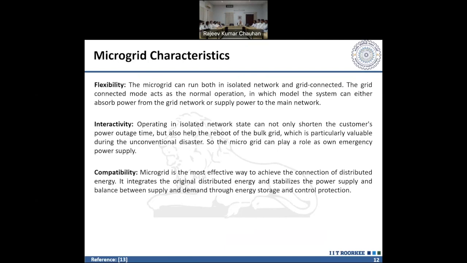They are flexible in this manner, interactive, operating in isolated and grid connected mode, and compatible. So it is the most effective way to achieve the connection of distributed energy, the energy which is going to be distributed throughout the area.